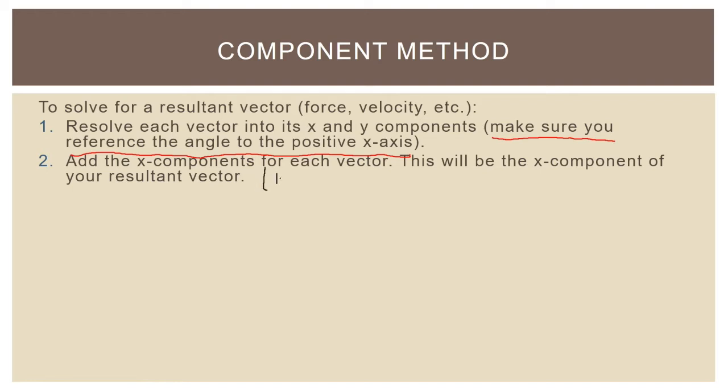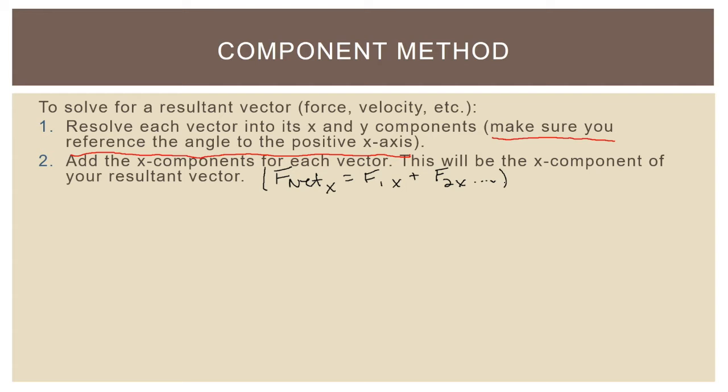We can just say F net, you could write F R also, F net x would be F1x plus F2x, etc., depending on how many forces there are. So the net force's, or the resultant force's, x component is going to be just the individual x components added together for all of the vectors.